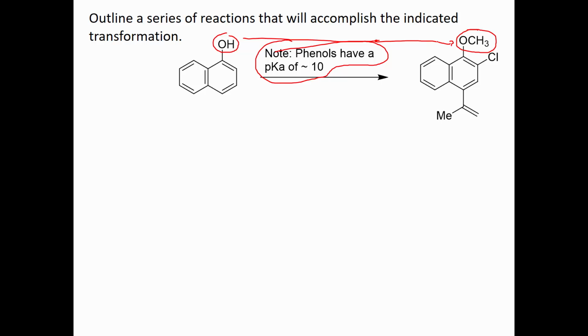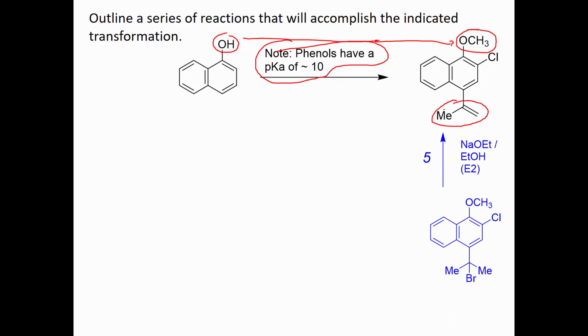transformation. All right. What you note here is that we have an alkenyl group on our ring. Okay, and we can't really install those directly through the Friedel-Crafts reaction. The best way to do this is to do the Friedel-Crafts alkylation, then do an NBS oxidation followed by an E2.